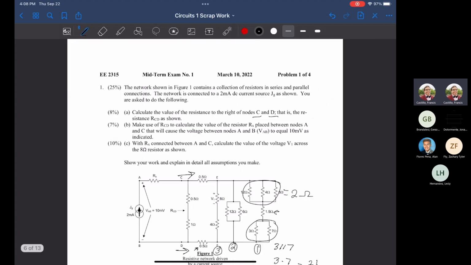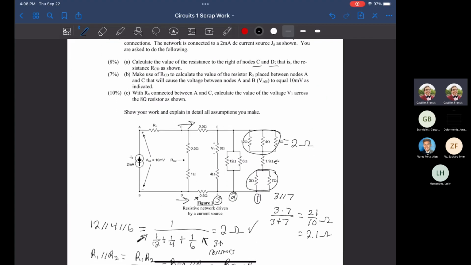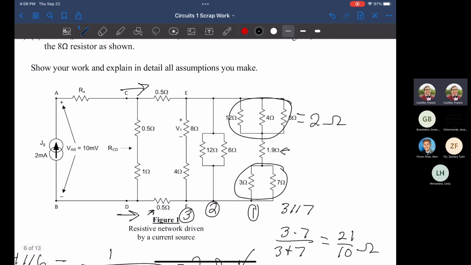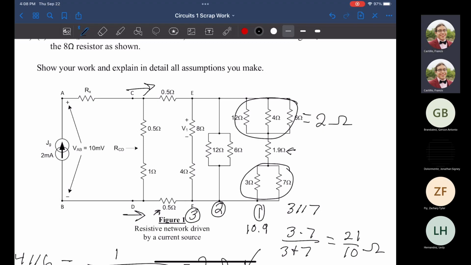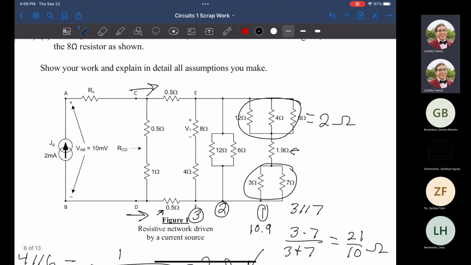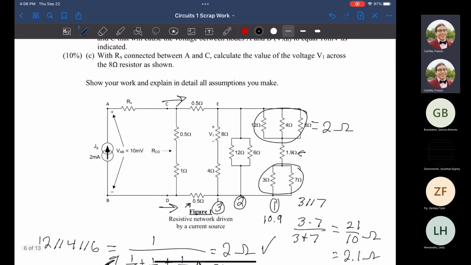So if we go back, we know for branch 1, the total resistive value is going to be 10.9. And by all means, if you guys have any questions, feel free to stop me and let me know, and we can go through and see where exactly there's a gap. So that's that one. Real quick, just to show you the math behind it, we're going to go for branch 2 now.